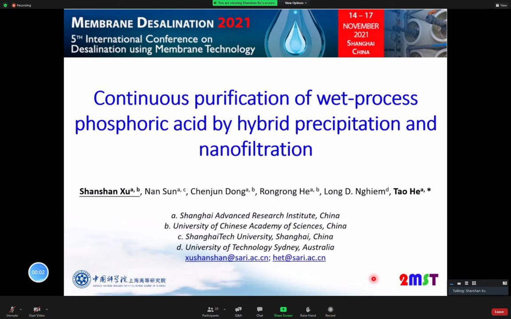So we design the MWCO of the layer membrane about 200 Dalton. So it is expected the phosphoric acid permeation can reach about 90%, which is better than the commercial nanofiltration membrane. That's all. Thank you.